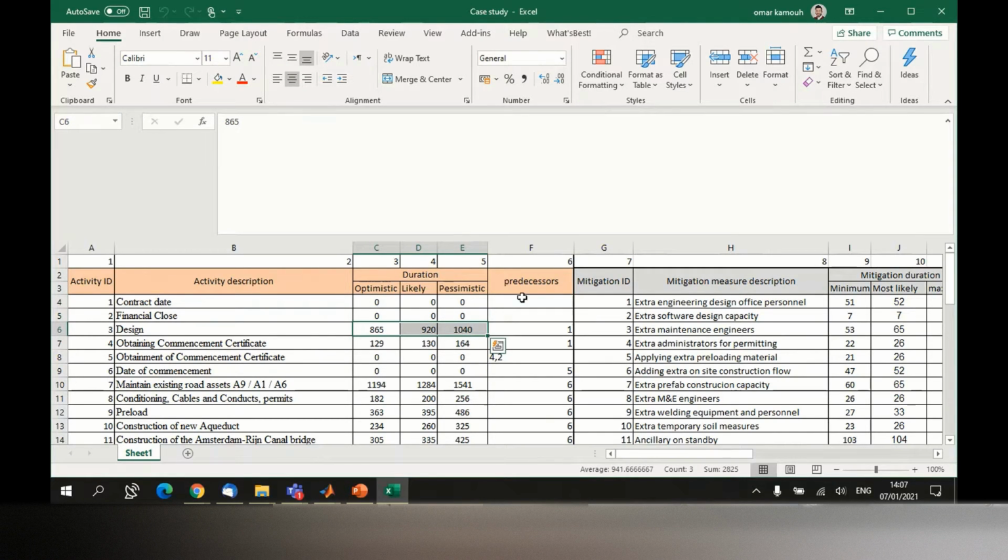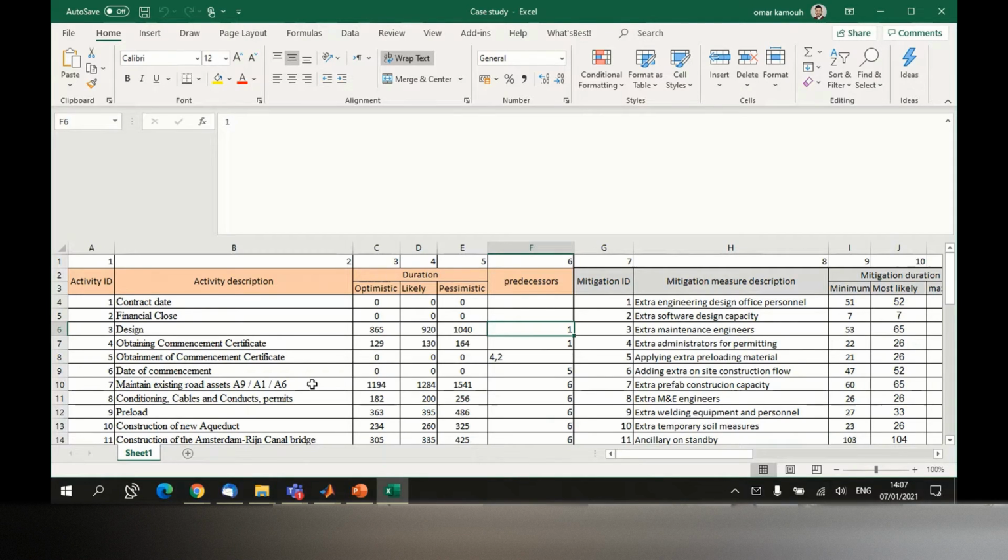And of course, every activity has a predecessor, the activity that comes before this activity. So the design comes after activity number 1, which is in this case the contract date, so contract start or something. You finalize your contract, and then you start your design phase.